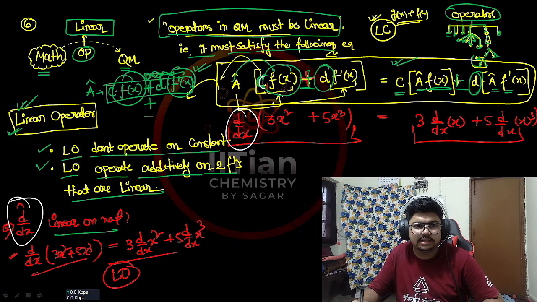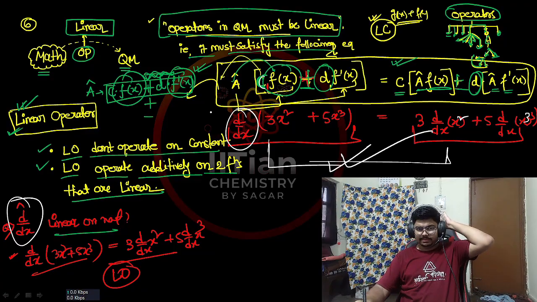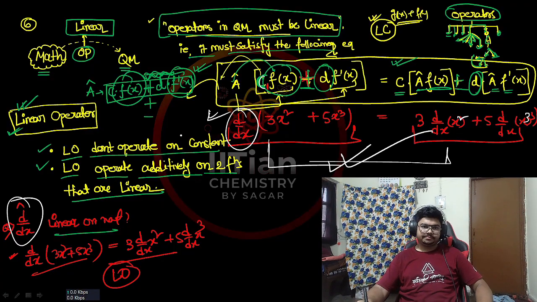Now let's put in the values. c is 3, A is d/dx, f of x is x square, plus d is 5, A is d/dx, and f dash x is x cube. Is the condition true for d/dx? Yes, this condition is true for d/dx. That means d/dx is a linear operator.